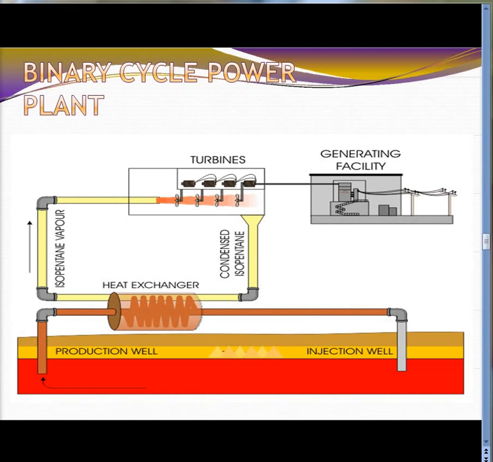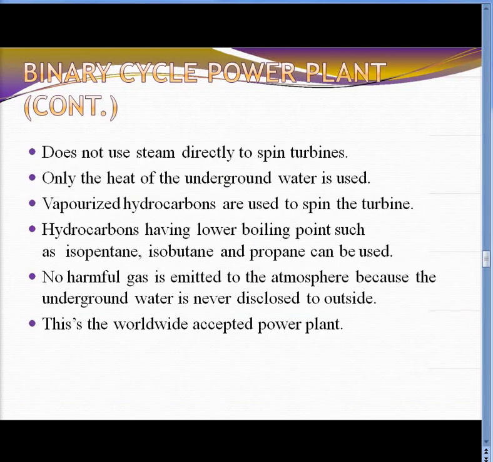So what is happening once this is forming hot vapor at high pressure? It is getting vaporized and it is being sent to the turbine. So these binary cycle power plants are also used by the vapor exiting the turbine.